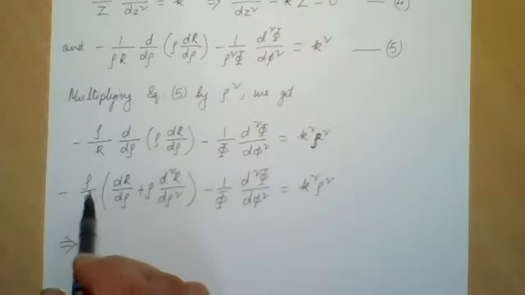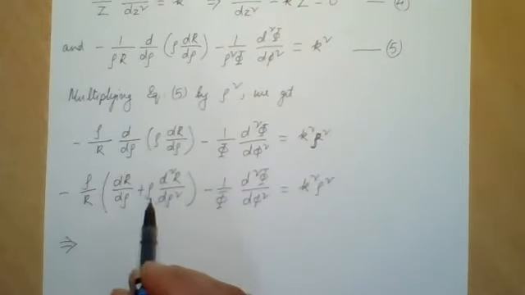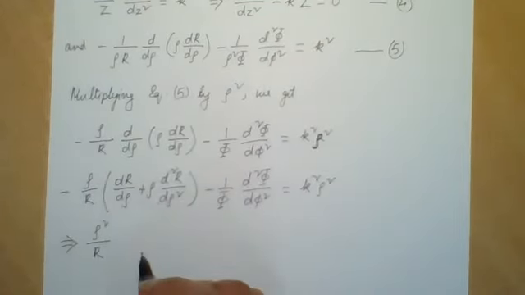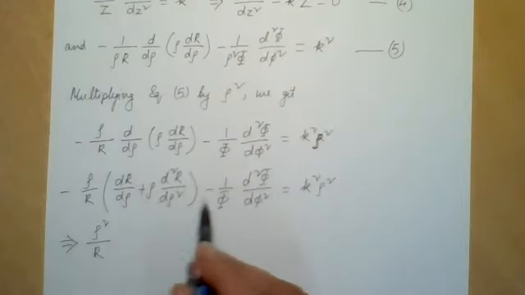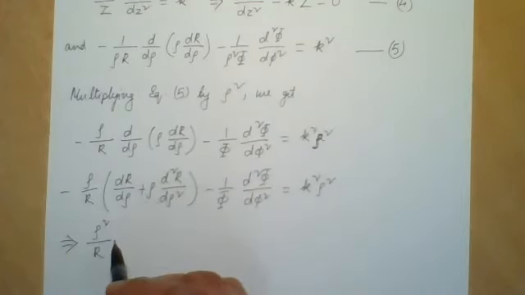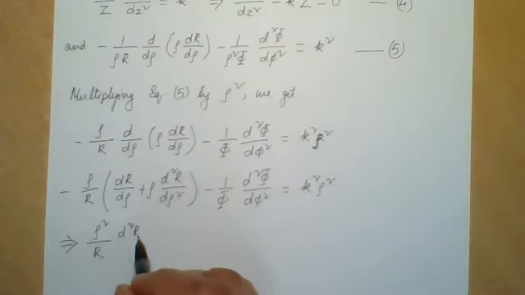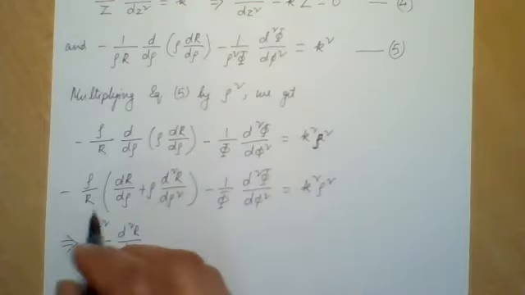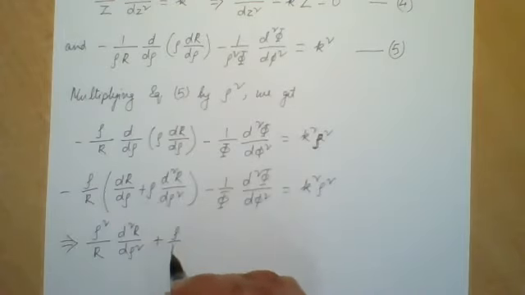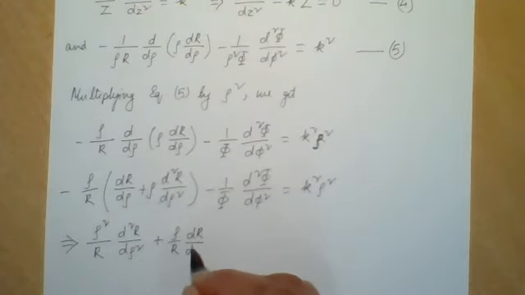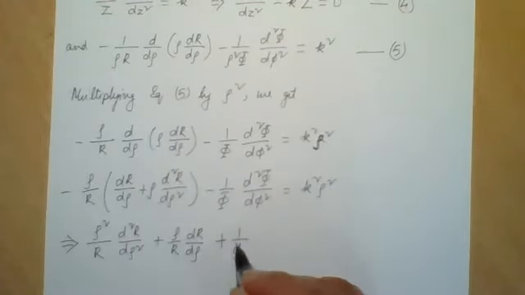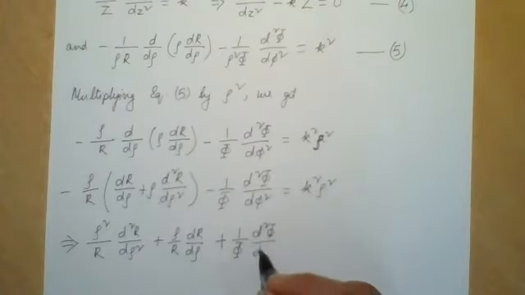Now I multiply by rho and rho by R. So I should get rho square by R. So minus 1 multiplied throughout, so rho square by R d2R by d rho square plus rho by R dR by d rho, plus 1 by phi d2 phi by d phi square.